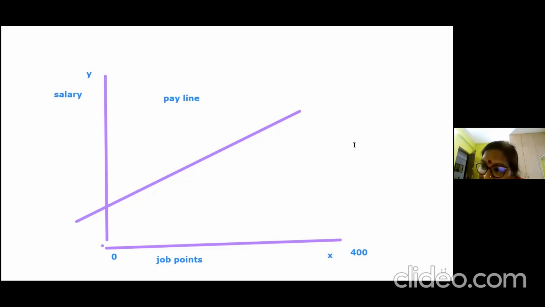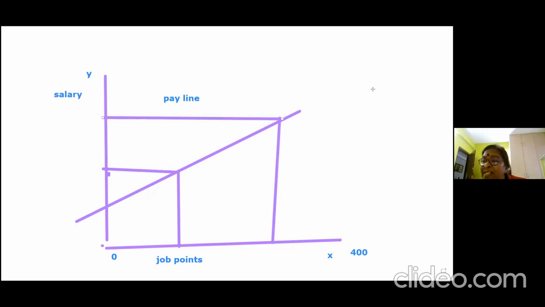It establishes a relationship between the job points and the corresponding salary. Say, for example, there was a job here. Any job, say, for example, job points, corresponding salary. Are you with me, guys? There was a job here, no?